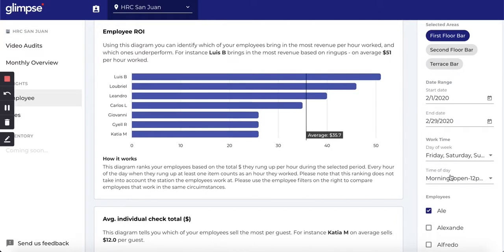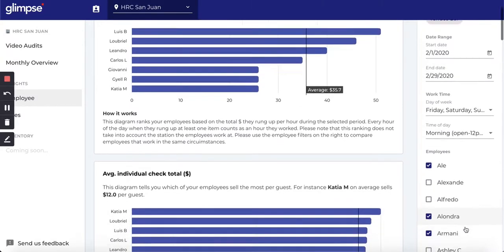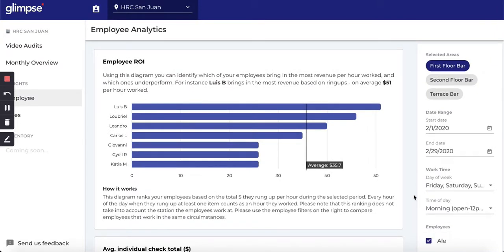You are also able to select specific meal periods, looking at morning time only, afternoons, or night. We're looking at the lunch shift in this particular case. And in the lower part, you will be able to select the employees that you're looking to compare against one another and see their performances. Okay, so let's get started.